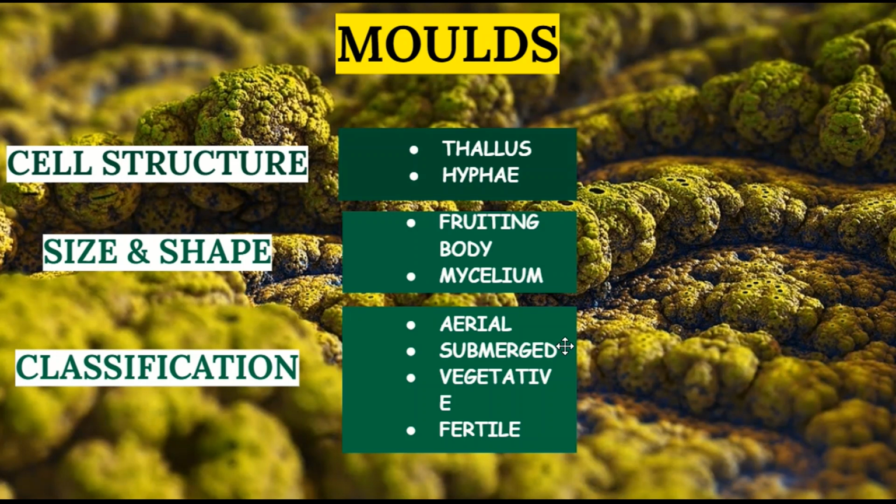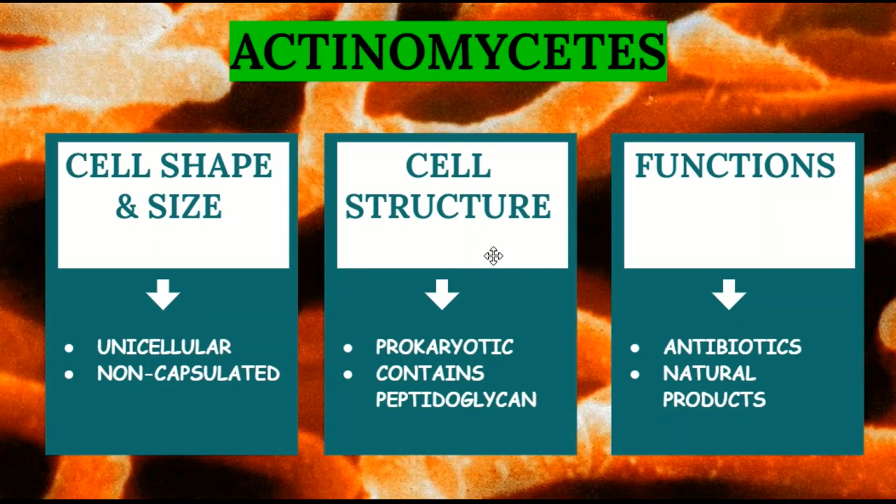Next, we are going to learn about actinomycetes. What are these? These are unicellular and non-capsulated, which means they don't have any capsule layer or protection layer, okay? They are a type of gram-positive bacteria, belonging to the order Actinomycetes.